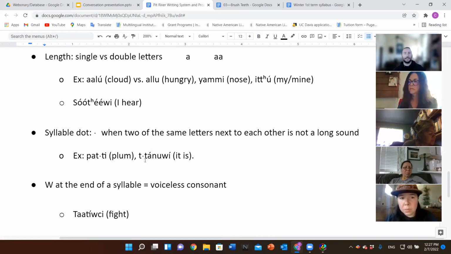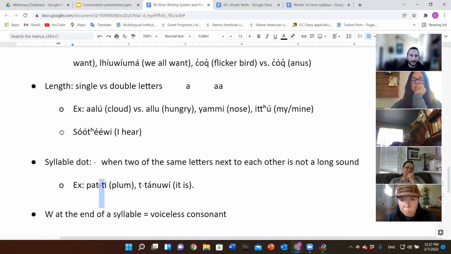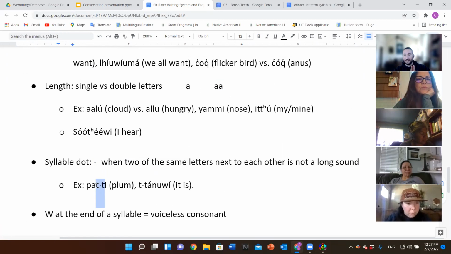So in length, if you have two of the same letters next to each other, that means it's a long sound. But the syllable dot is when you have two of the same letters next to each other and it's not a long sound. It's just supposed to be two separate.